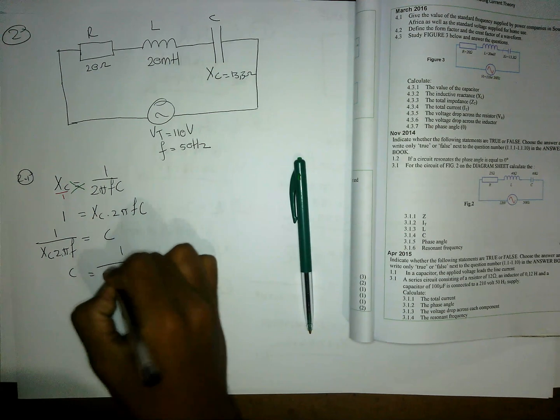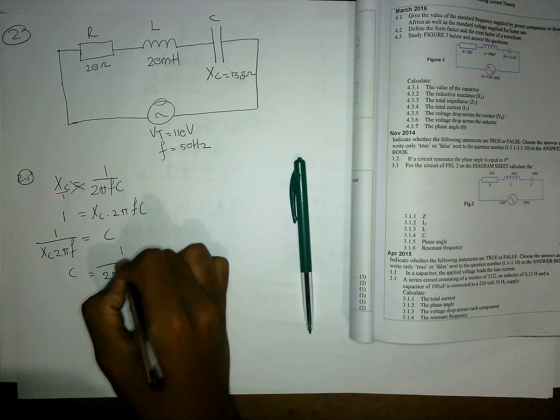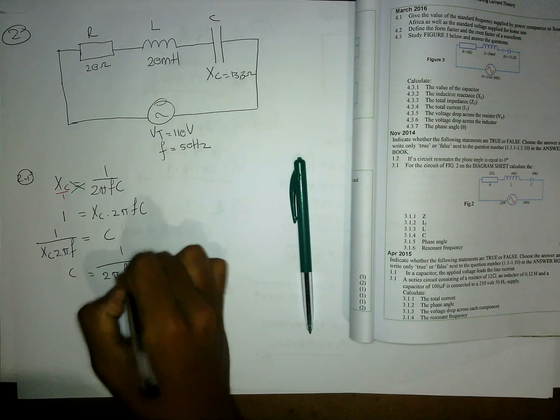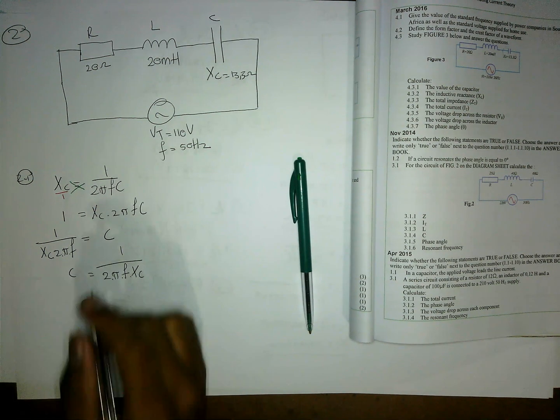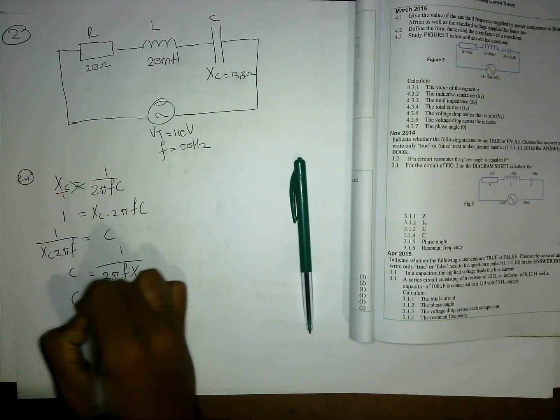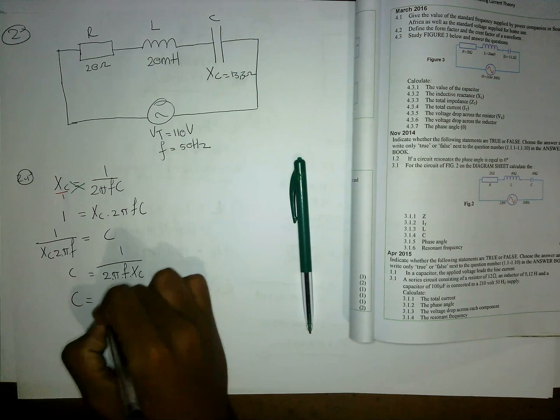Basically, it's 1 over 2 pi F Xc. It's the very same thing.